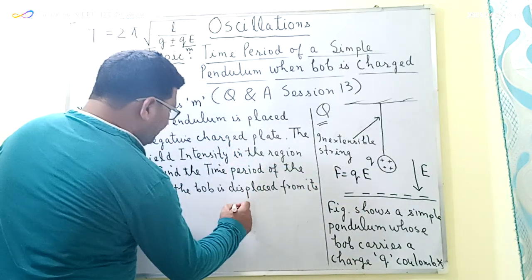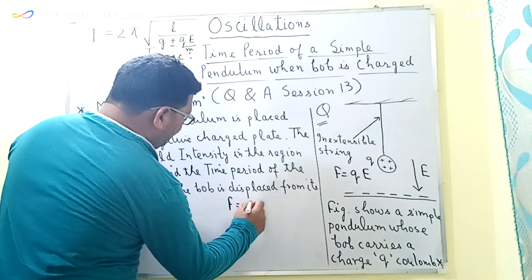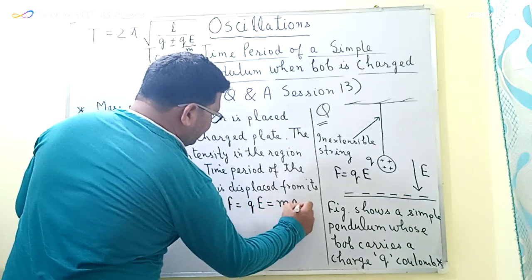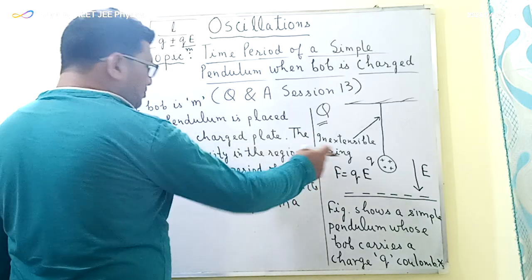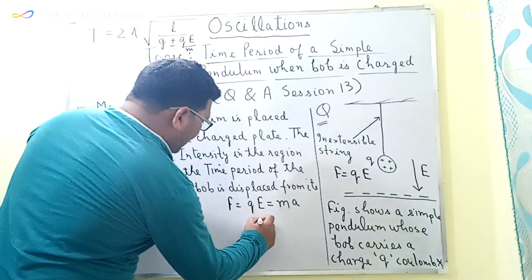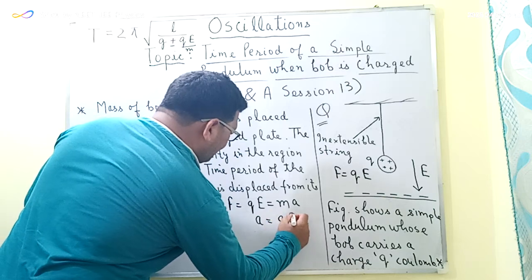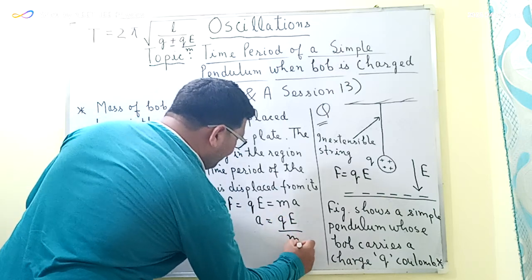Now force is equal to Q into E, and this is also equal to mass into acceleration, where m is the mass of this bob. So the acceleration which is generated because of this electrostatic force will be equal to QE upon m.